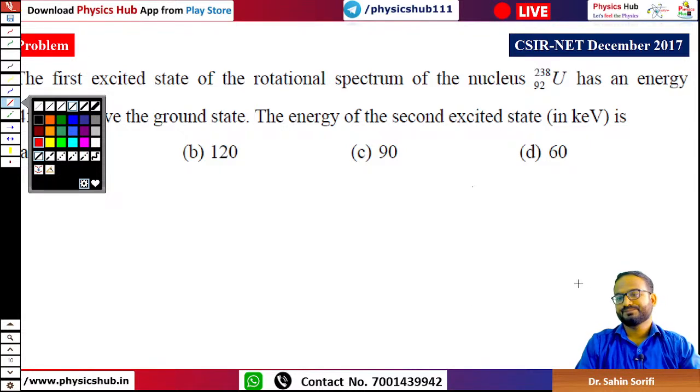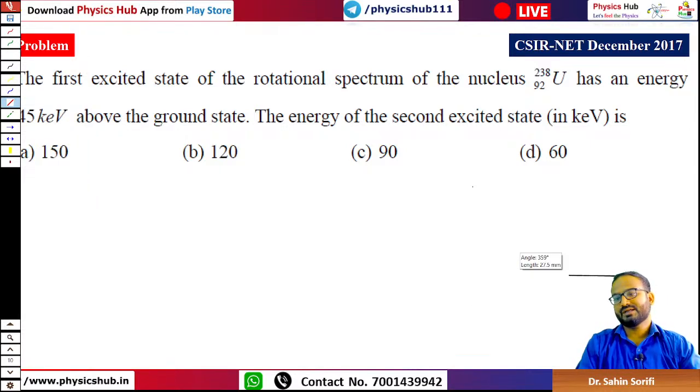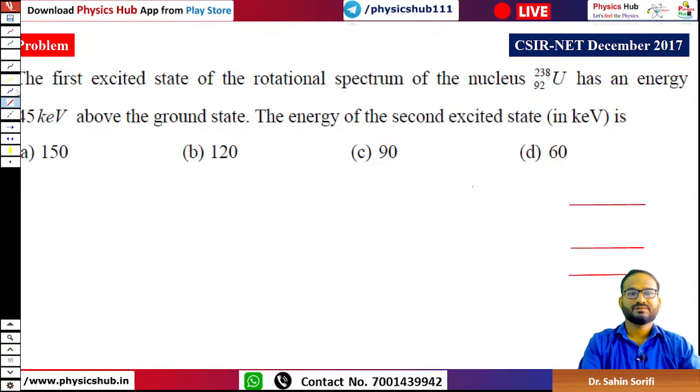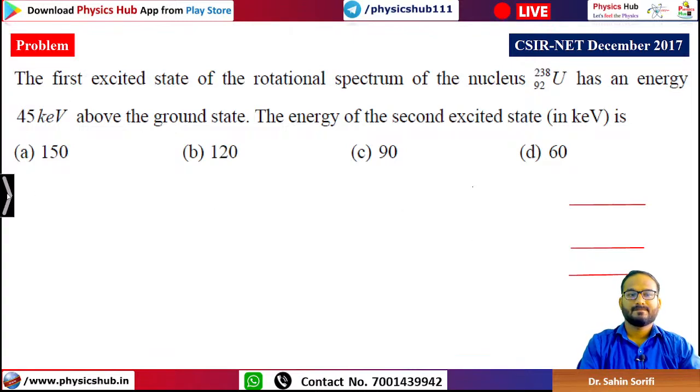So you see, this is the ground state. As you go on, the separation between the levels are increasing. This is your first excited state, second excited state, and so on. This is E0, E2, E4.